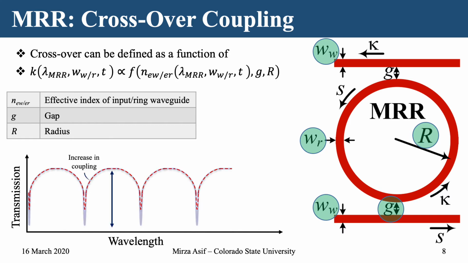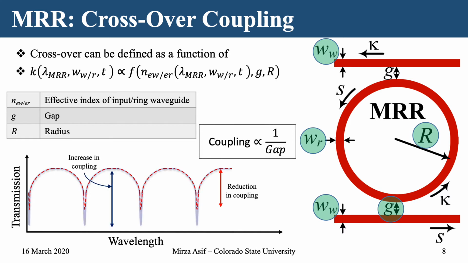And to give a comparison, there is increase and decrease in coupling with changes in gap. Having more coupling would mean that a signal is better detected at the output, and ideally a designer would want as much coupling as possible, and reduction in coupling is not recommended.